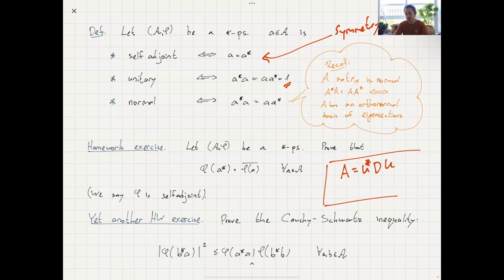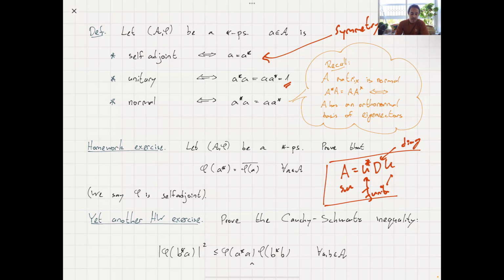So I wrote it not in matrix product form, but in a kind of expanded form. But every self-adjoint element, what you can show is that there are unitaries, you can change the order of the rows, such that A can be written as a unitary, a diagonal matrix, and then the conjugate of the unitary, or the transpose in that case, of the unitary. So unitaries and self-adjoint elements are related to each other in that sense.